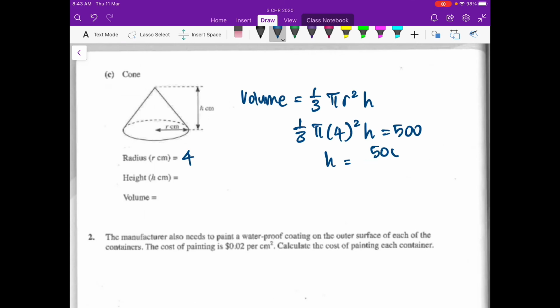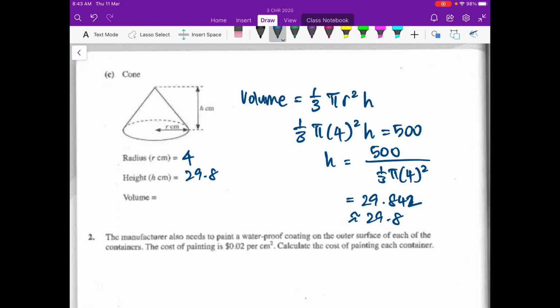500 divided by everything, 1/3 pi 4 squared. Okay, so this is the radius and the height. The height came from the radius that Shamin chose.